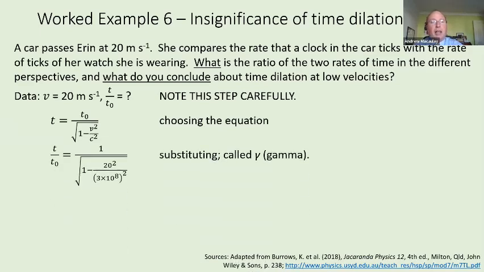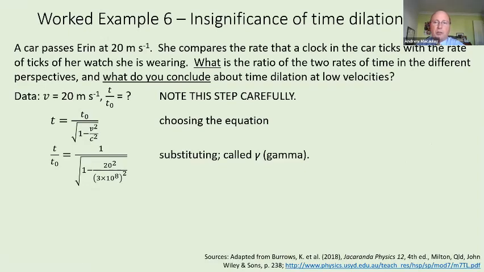Substituting, we've got t over t0 on the left-hand side. Substituting in the bottom, we've got 20 meters per second for v, and the speed of light, 3 times 10 to the 8 meters per second. Of course, square both, see what we come up with. Now, I put a little note there called gamma.